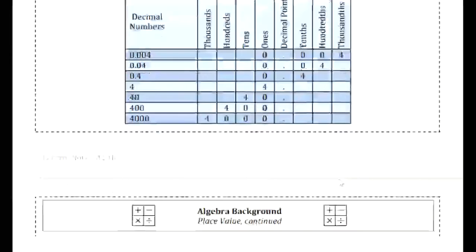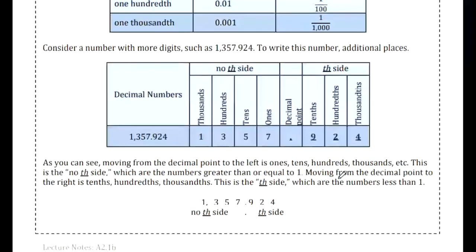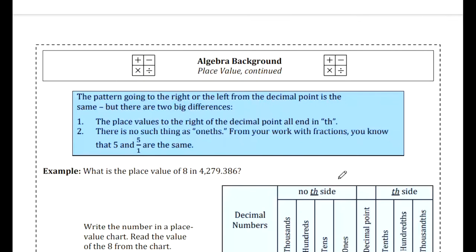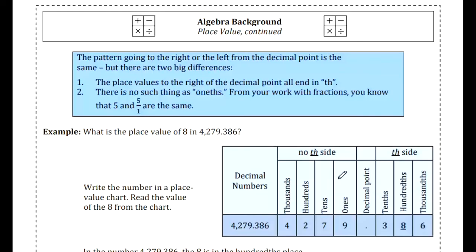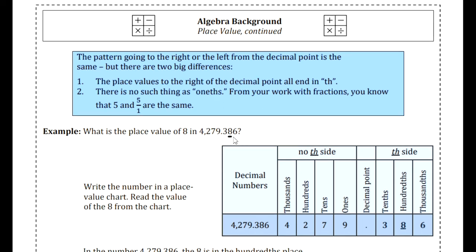Let's look at a couple of examples. What is the place value of 8 in 4,279.386? The 8 is to the right of the decimal point. So we know we'll be adding the "ths" at the end.